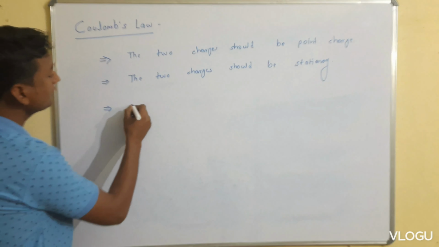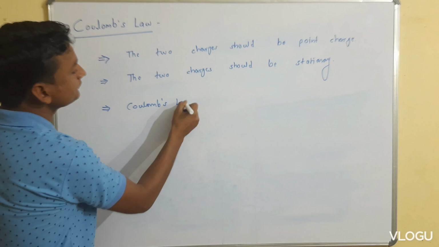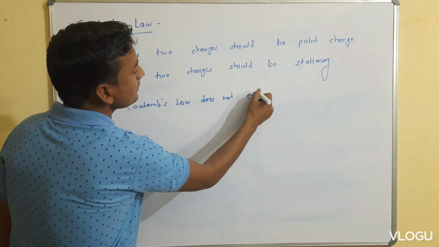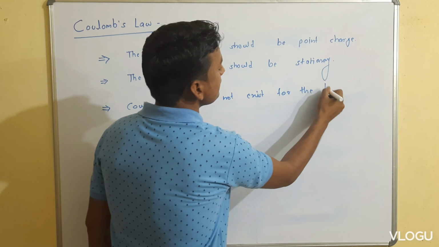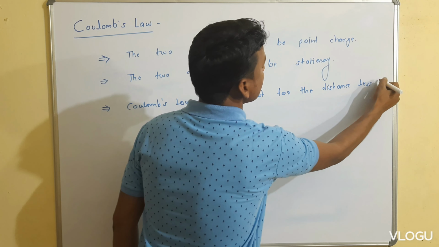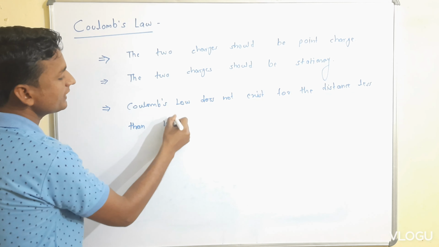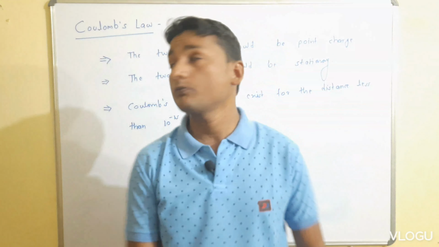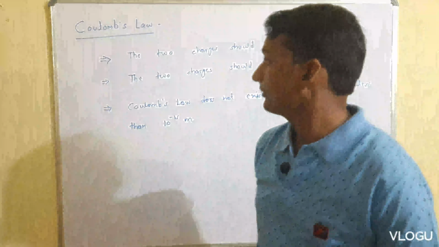That is, Coulomb's law does not exist for distances less than nuclear distance, that is 10 to the power minus 15 meter. If the distance between two charges is greater than 10 to the power minus 15 meter, Coulomb's law will be applicable, otherwise not.